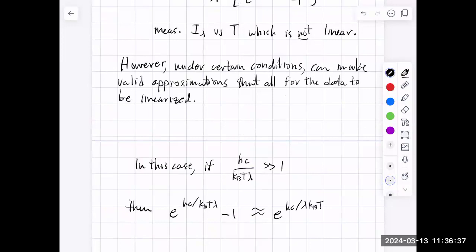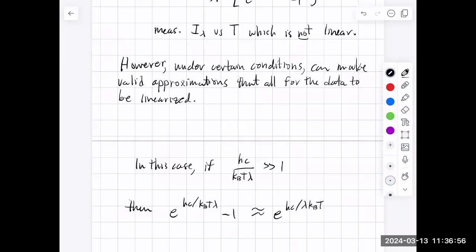Okay, so if you're going to do something like this, all you have to do is make sure that this combination of values is always much bigger than 1. h, c, and kB are all constants, so there's nothing to worry about there. Those are just numbers.